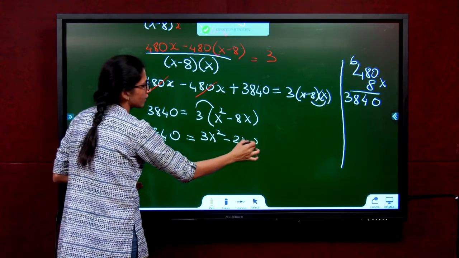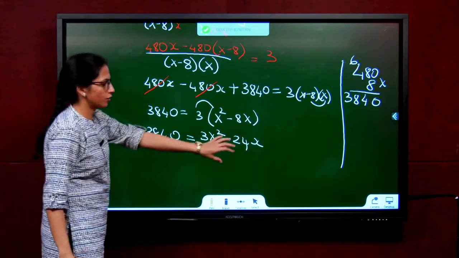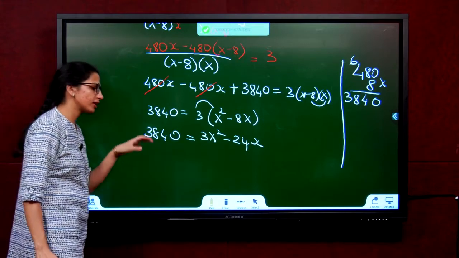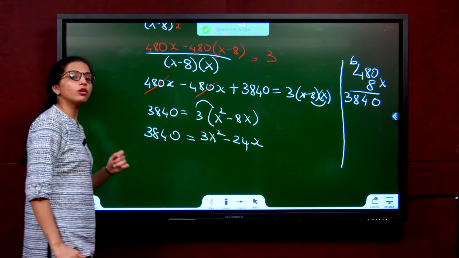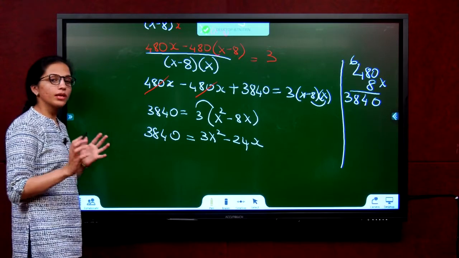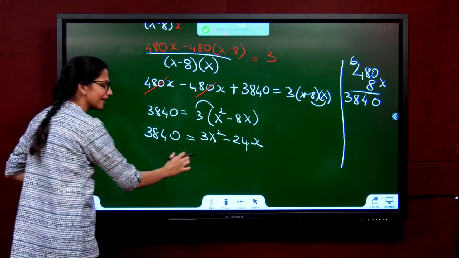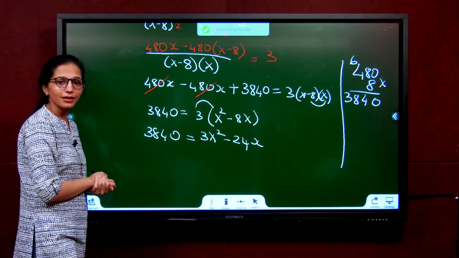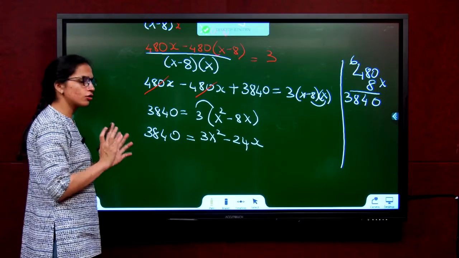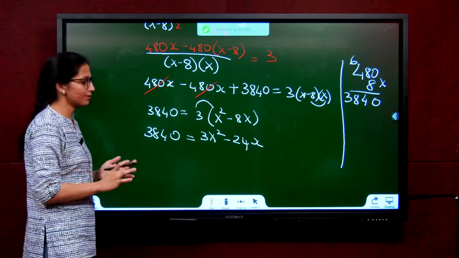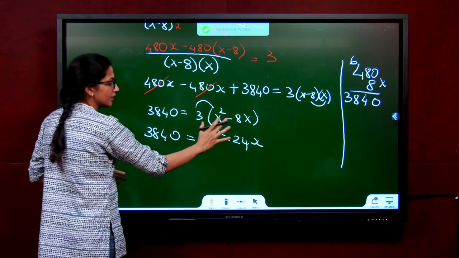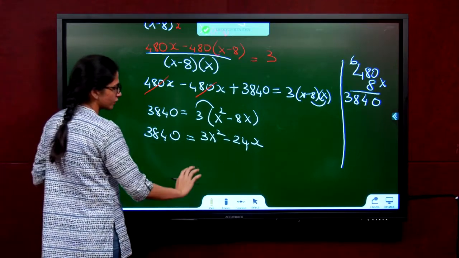So minus 24x. If you want, you can bring everything here, or you can take 3840 that side. How do I decide which one to do? We want to keep our x square term positive. If you bring 3x square this side, it will become minus 3x square. We don't want that. It is a good practice to keep the x square term as positive. So we will keep them this side and we take the 3840 that side.